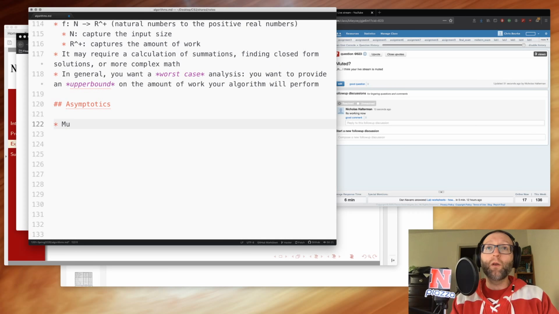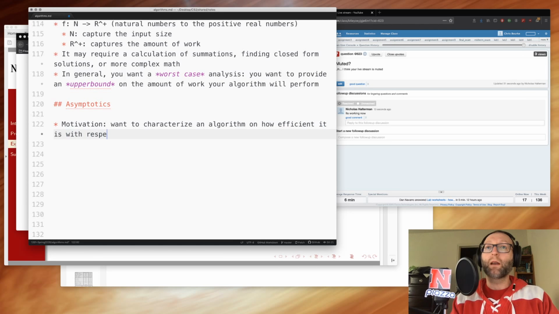So ultimately, our motivation here is we want to characterize an algorithm on how efficient it is with respect to the input size, and we already gave that a name, n, right? We're going to call all of our input sizes n, regardless of what they are.